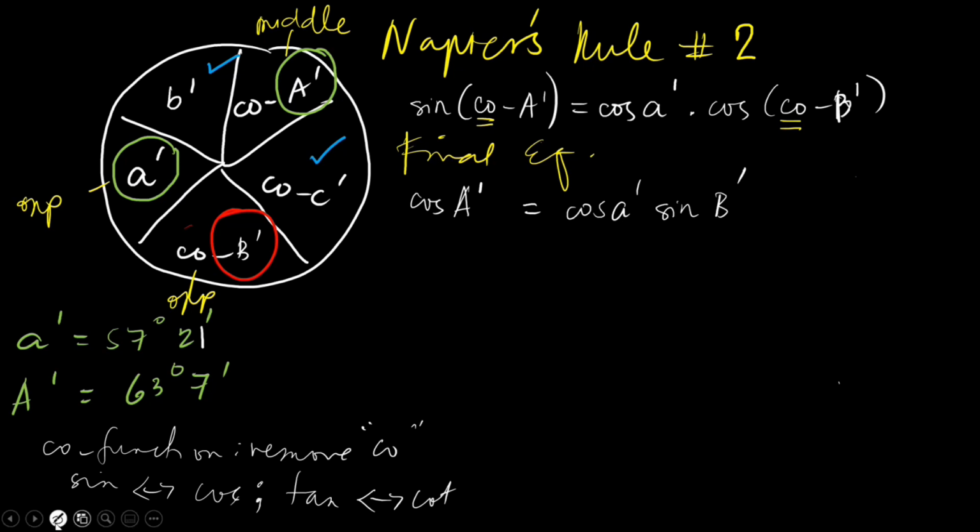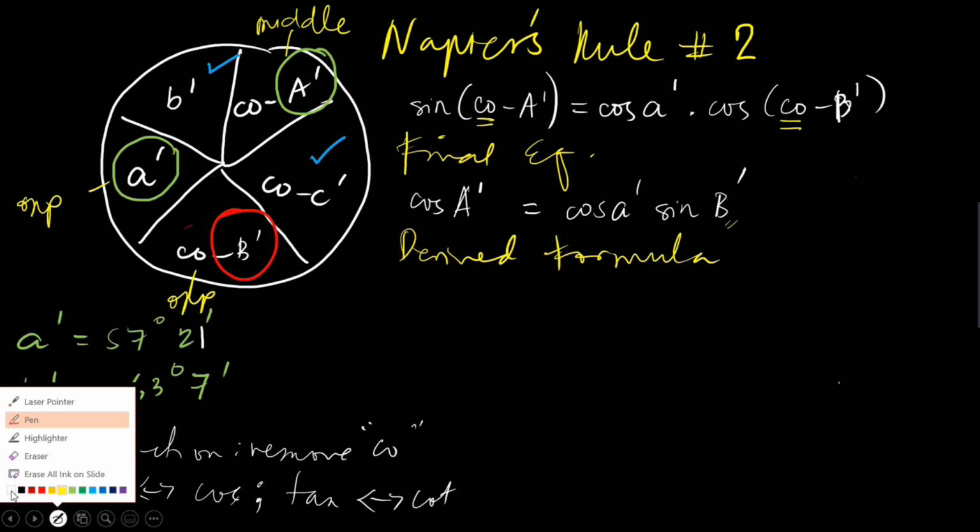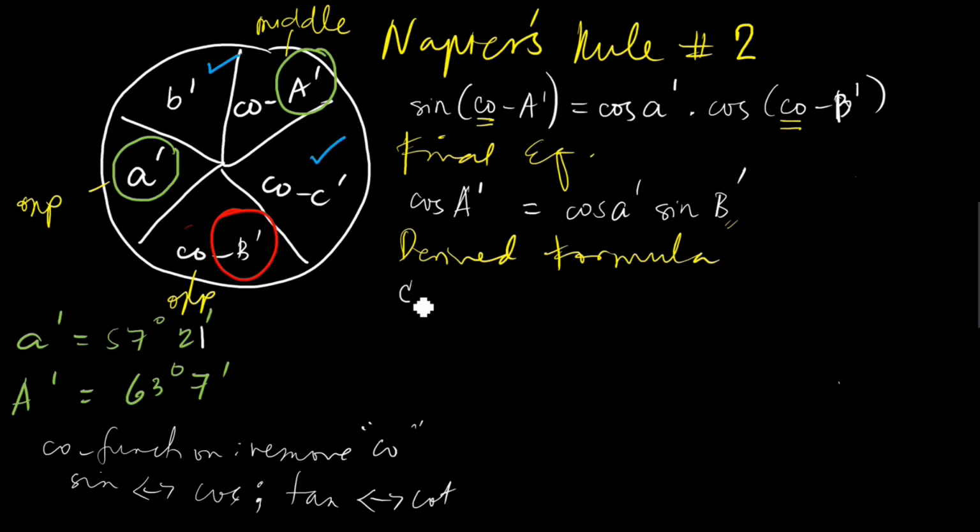Okay? So let us now derive the formula. What we need is this one, the big B prime. So it is here. Let us divide both sides. We need to write the big B prime alone on one side.